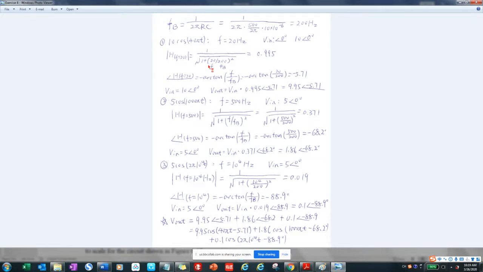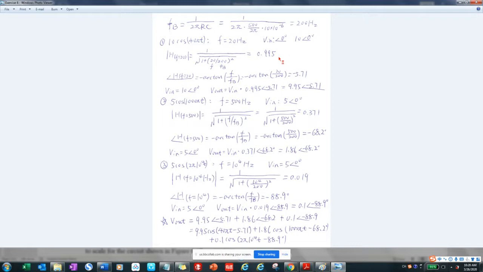The magnitude equals 1 over the square root of 1 plus (f over fB) squared. So we plug in the values. The frequency is 20. The fB, the break frequency, is 200. This won't change. We plug in the values and then we calculate the magnitude is 0.995. So here you can see this is the magnitude change.